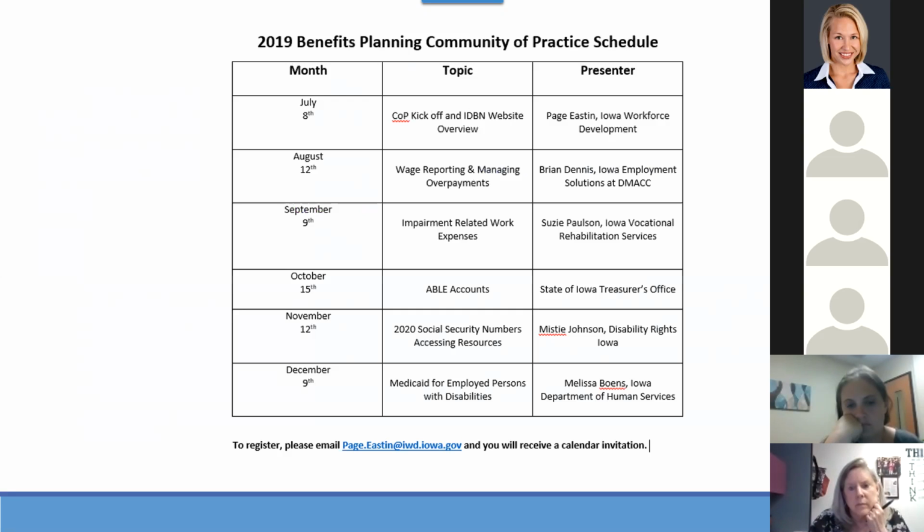In October, we have someone from the State of Iowa Treasurer's Office talking about ABLE accounts. And then in November, Misty Johnson, one of those WIPA CWICs that we mentioned earlier with Disability Rights Iowa, is going to talk about accessing WIPA, available resources that she uses, since she does this all day, every day. And then she's going to go over the 2020 numbers.